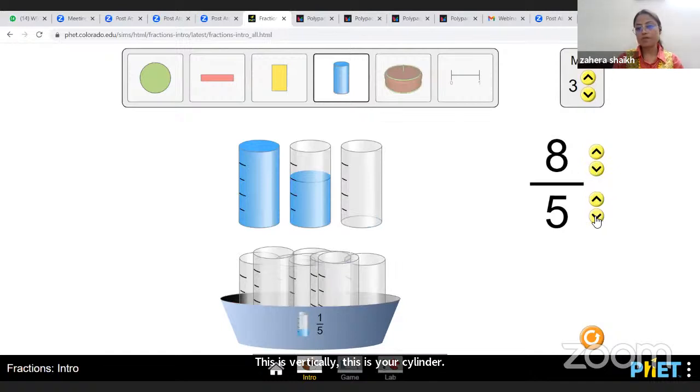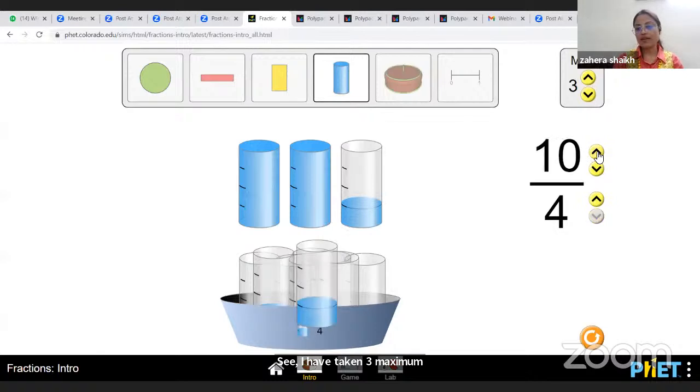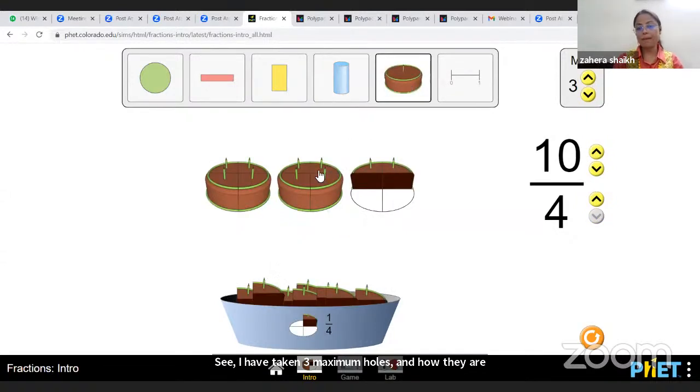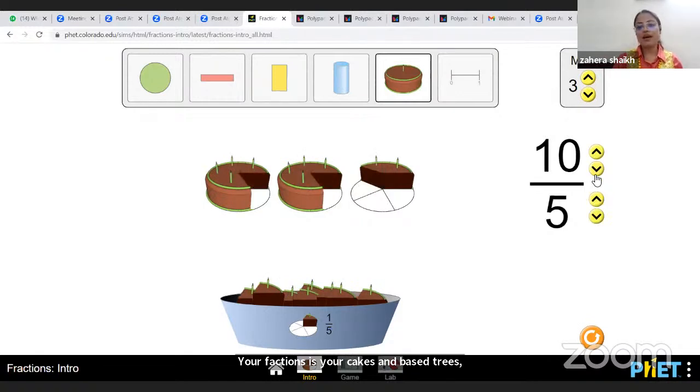See, I have taken 3 maximum wholes, and how they are representing my fraction, right? Now the most classic examples that we give while teaching fractions are cakes and pastries, sandwiches, and pizzas, right?